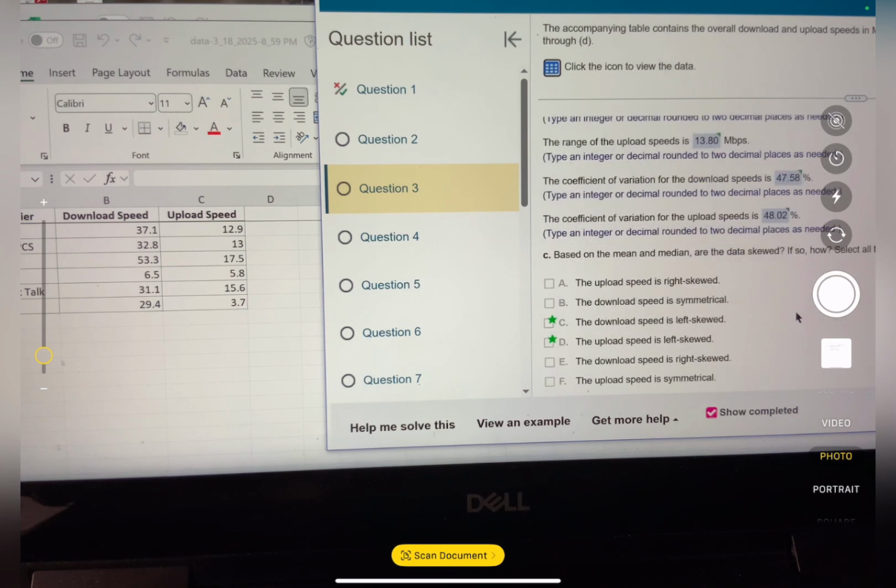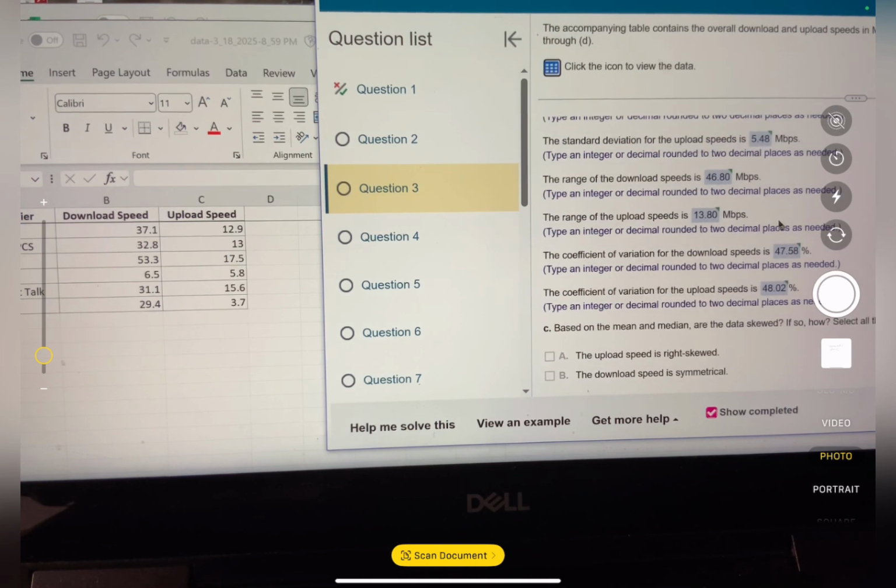Okay, so based on the mean and median, are the data skewed? Well, let's find out. I'm going to explain how we're going to find out if they are skewed and how far they are skewed.